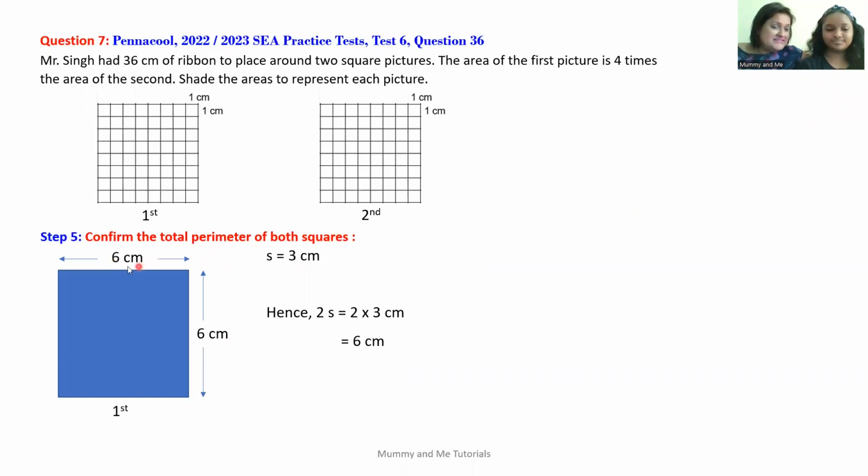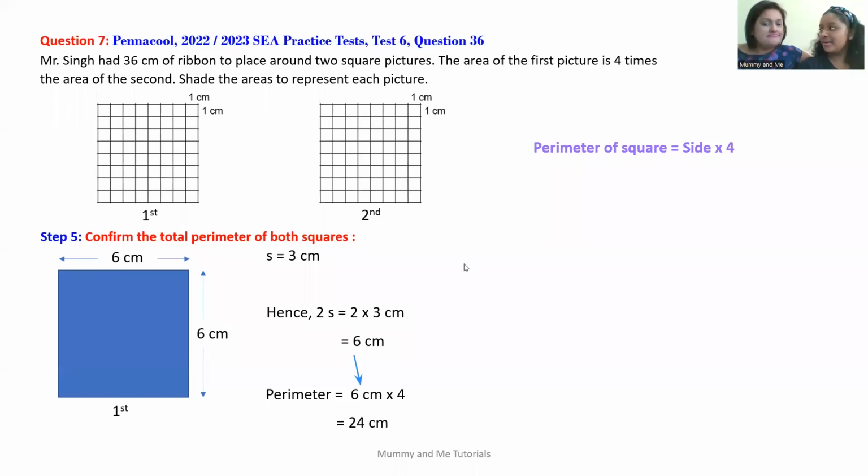So this side is now 6 centimeters and this side is now 6 centimeters. Can we calculate the perimeter of the square now? Yes. The perimeter of this square is equal to side multiplied by 4, which is 6 centimeters multiplied by 4, and we get 24 centimeters. So the perimeter of this first larger square equals 24 centimeters.